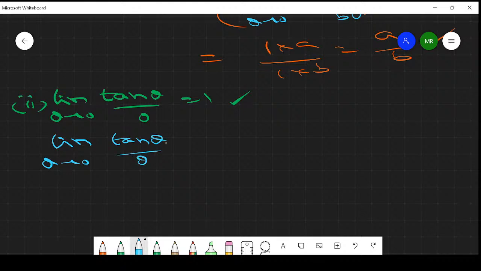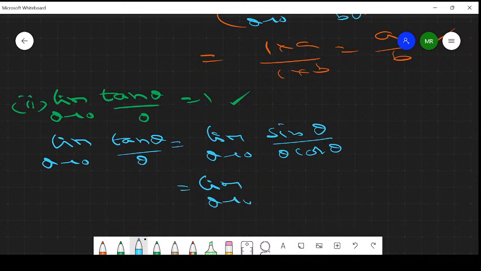Tan theta means sin theta by cos theta. So sin theta by theta cos theta will come. Then I can split this: limit theta tends to 0, sin theta by theta, into limit theta tends to 0, 1 by cos theta.